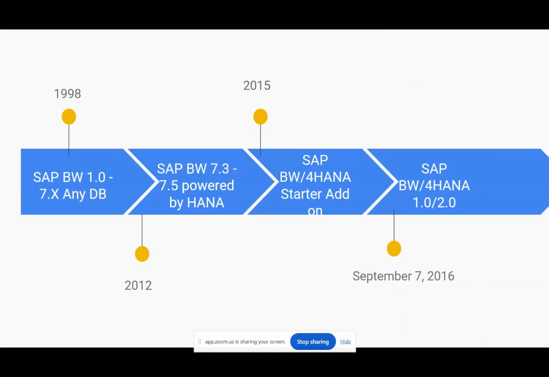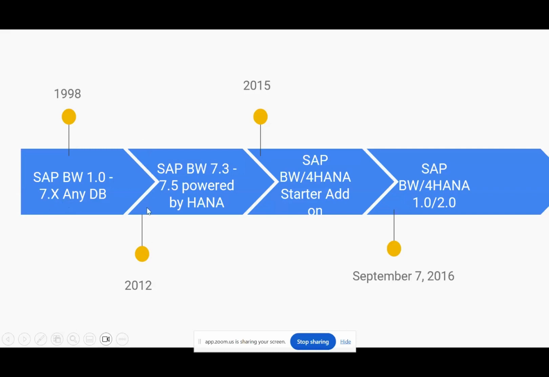So in 1998, SAP BW 1.0 was introduced. It was later moved to SAP BW 3.x, and then it was moved to 7.x on any database. Over a period of time, when it came to 2012, it introduced SAP HANA as a database.